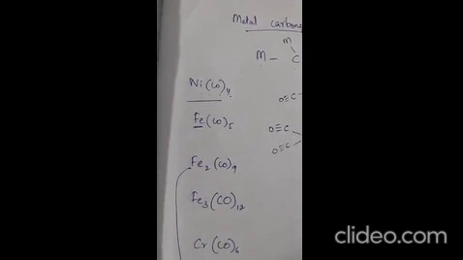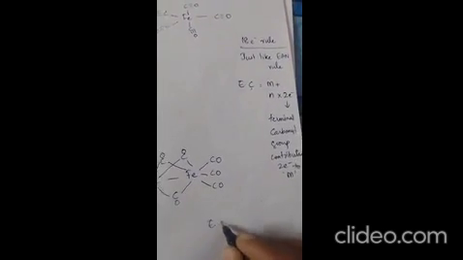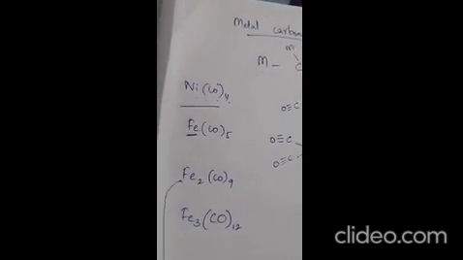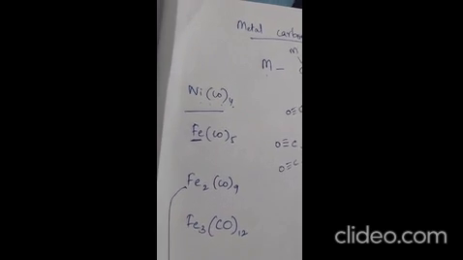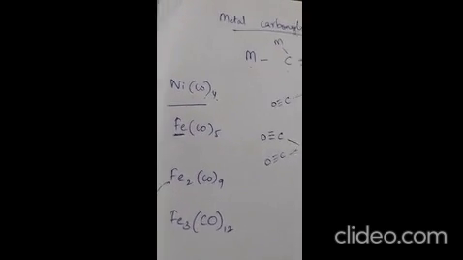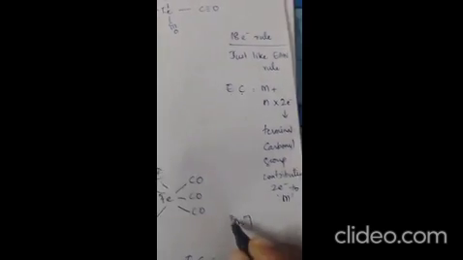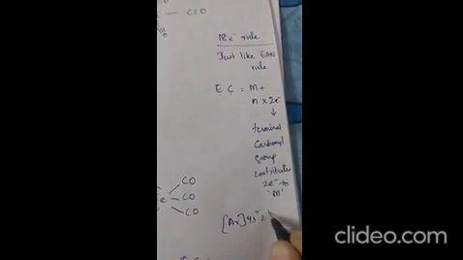Let us see whether this formula works for nickel tetracarbonyl. How many electrons are present in nickel? The atomic number of nickel is 28, so the configuration is 4s2 3d8.